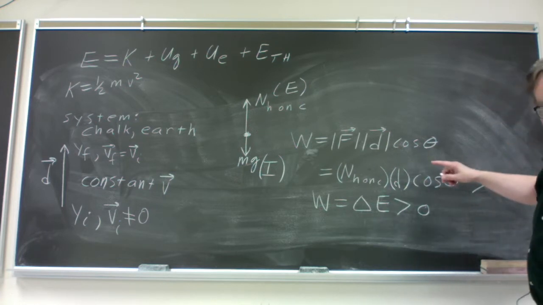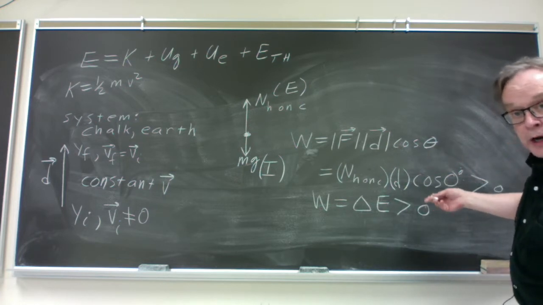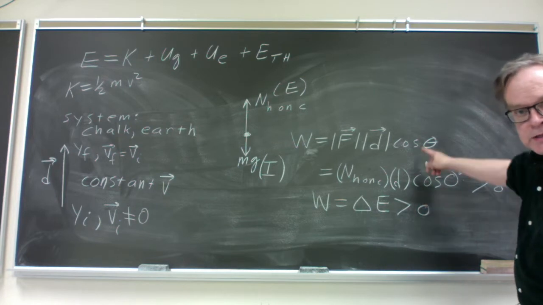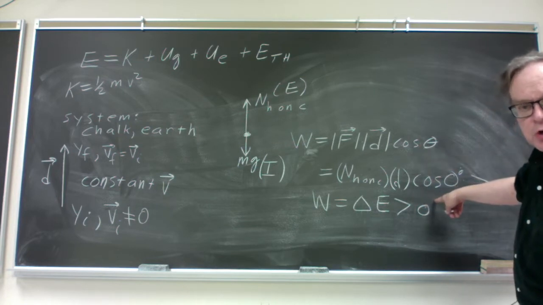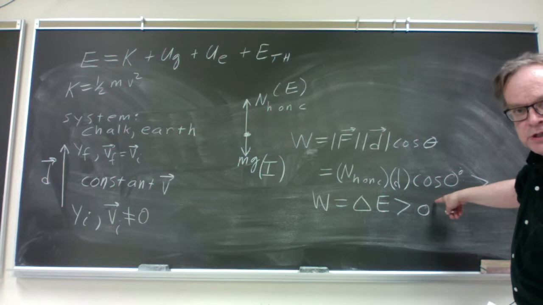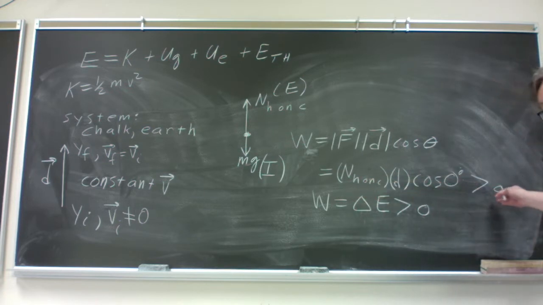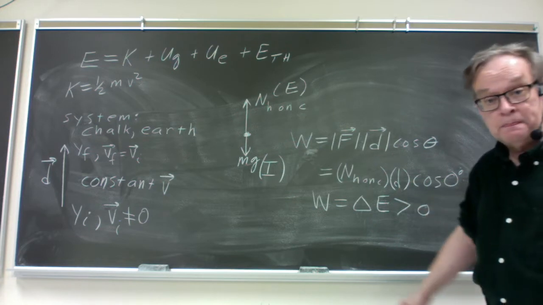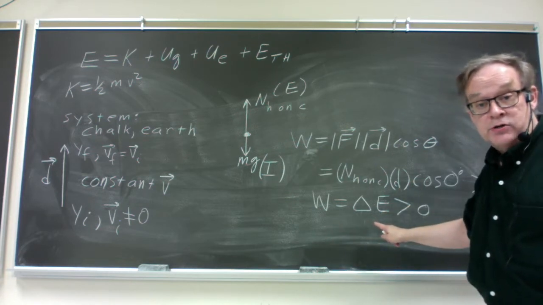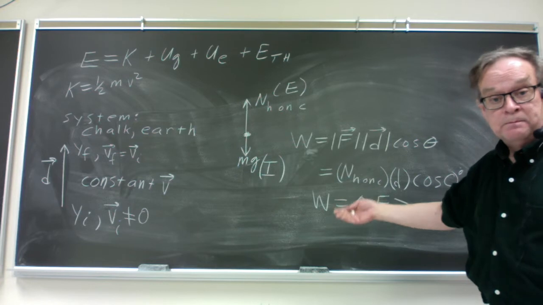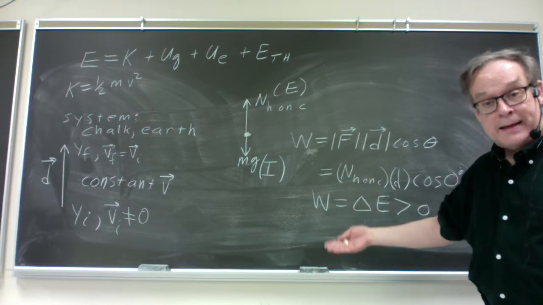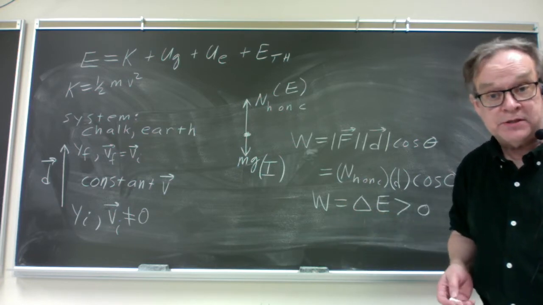And so the only term in the equation that could perhaps be something other than positive is the cosine, but in this case, it's cosine of 0, which is equal to positive 1. All three terms are positive, so the work done is positive. That means the energy change is positive. In other words, this work adds energy to the system.